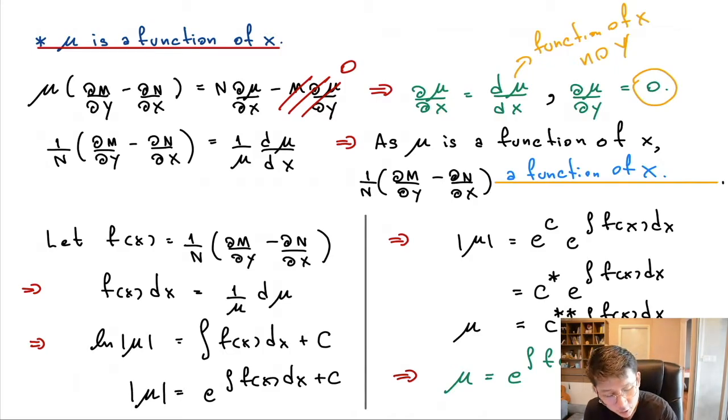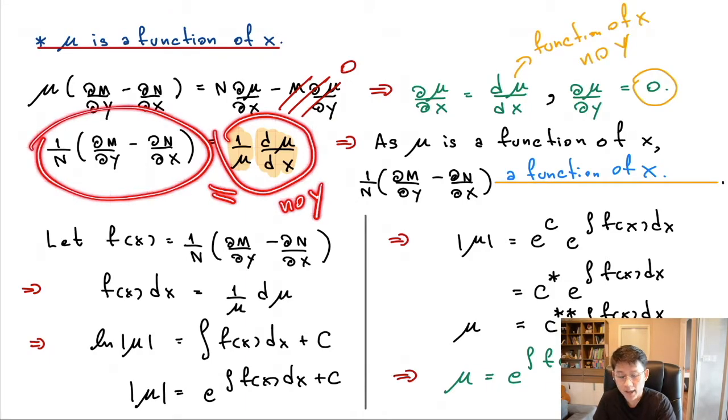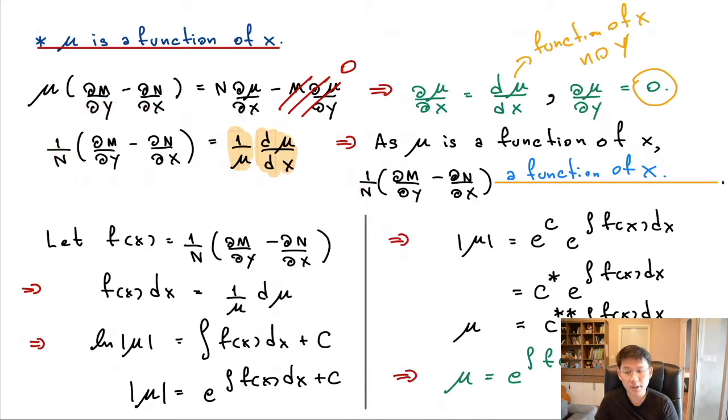Because guys, don't forget mu here is a function of x, right? d mu by dx, in mu there is no y, so there's definitely no y here. So this equals this, and there's no y on this side. It means that there's no y on this side as well, which means that this guy is also a function of x.